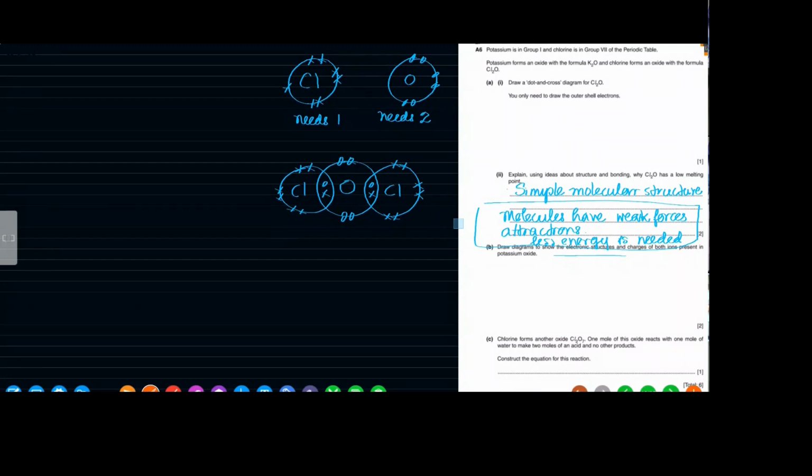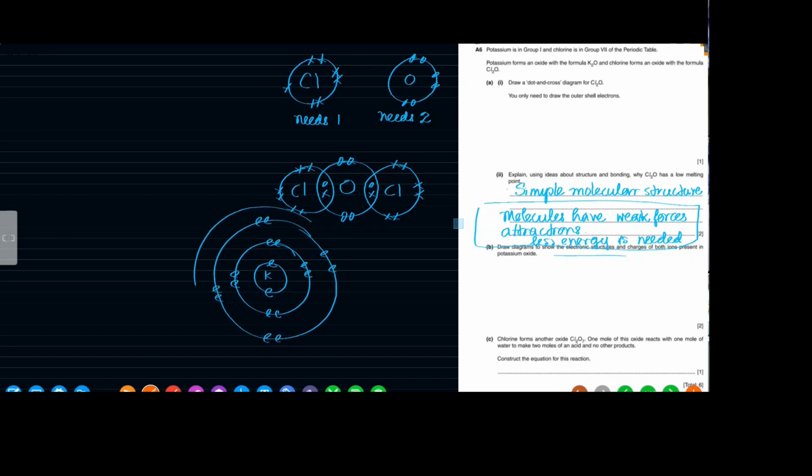For example, potassium will have a 2, 8, 8, 1 structure, because it has 19 electrons.